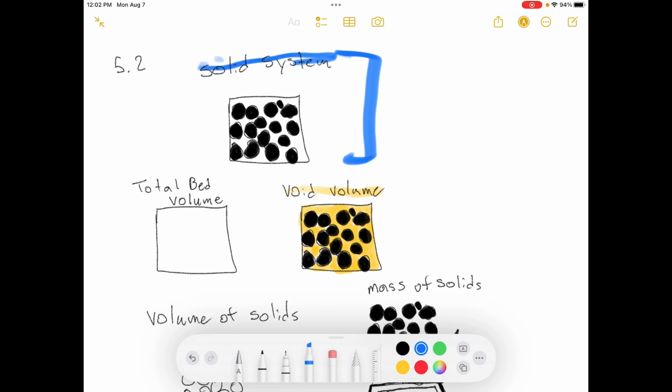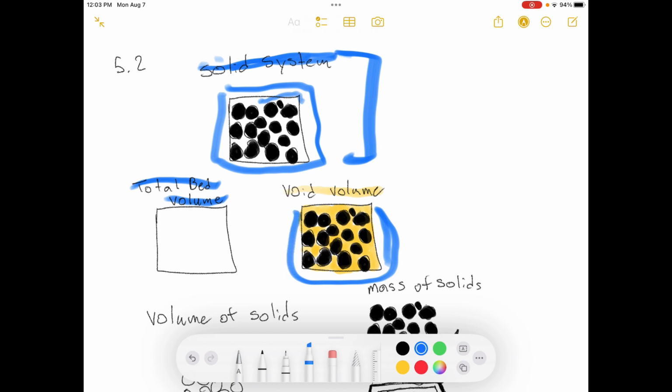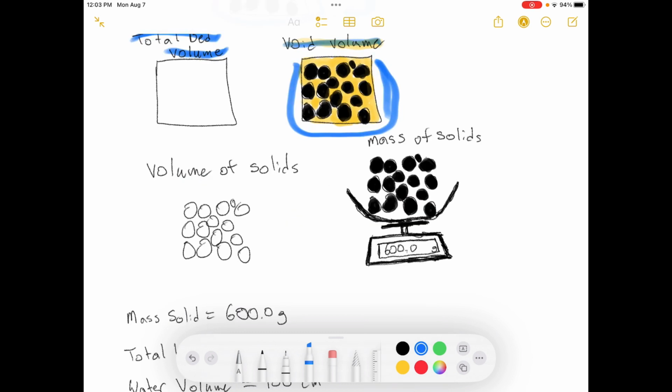So we've got our total solid system here. When solid goes into a certain volume, there are void spaces in between the solid particles. The box represents the total bed volume. The void volume is all of the yellow space in between here. The volume of the solids is how much volume the actual solids occupy. If you have the total bed volume and you subtract out all of the solid volume, then you would have the void volume.